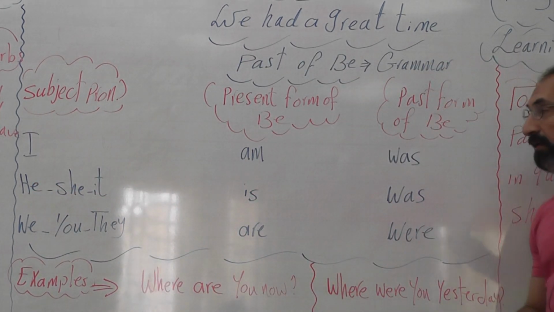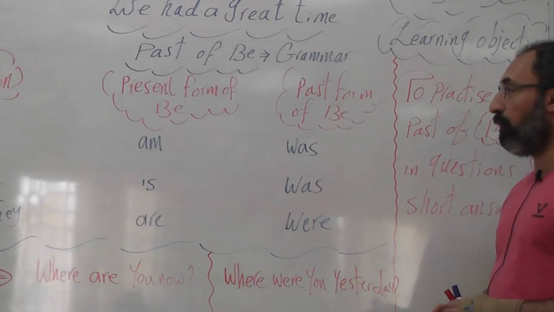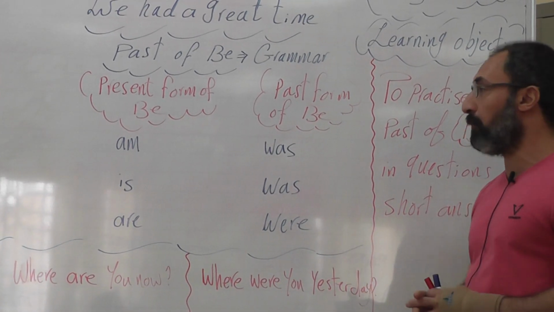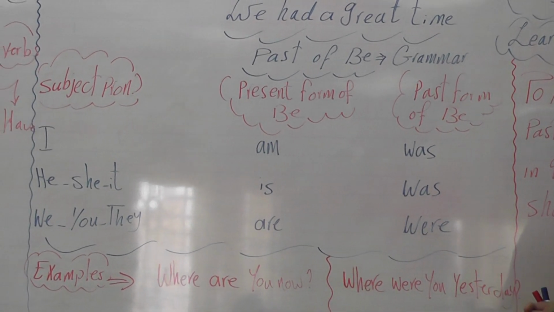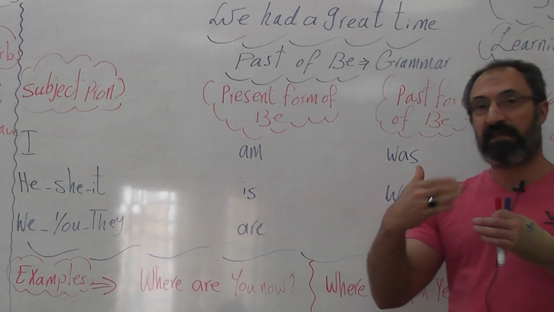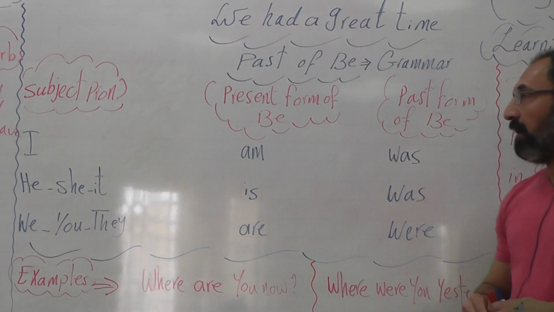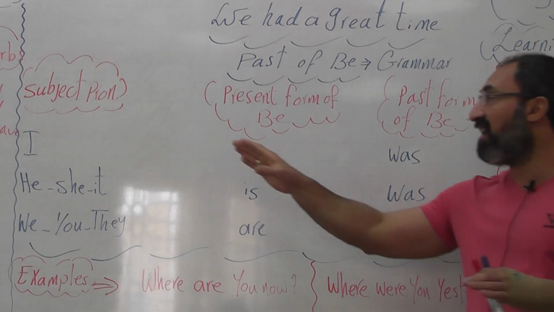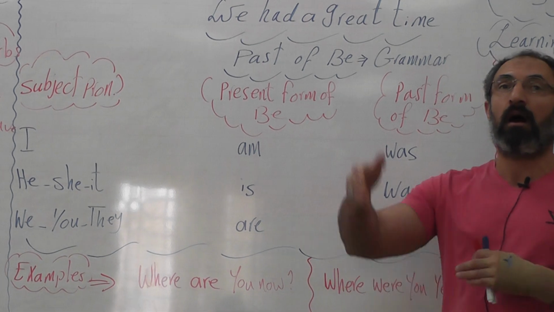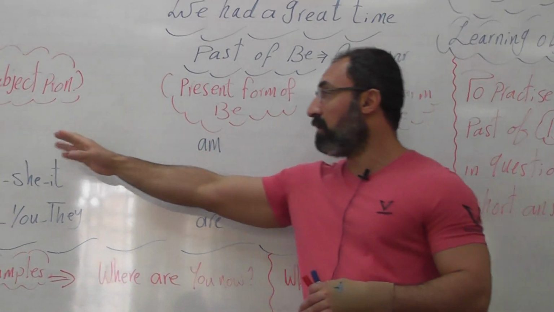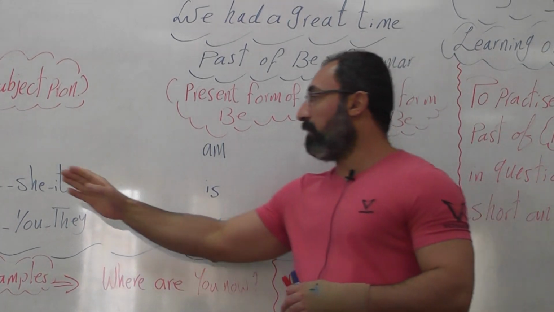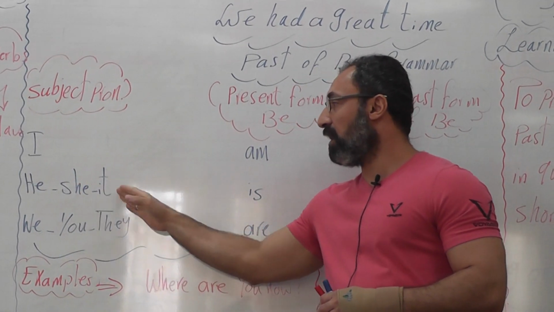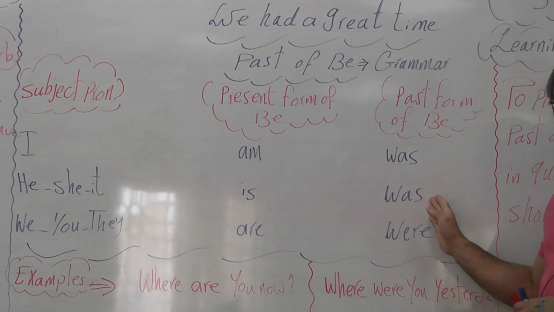And another one which is mainly assigned for the plural subject pronoun, which is were. So, if I talk about something in the past, I cannot say I am. I have to say what? I was. Then, he, she, it was.